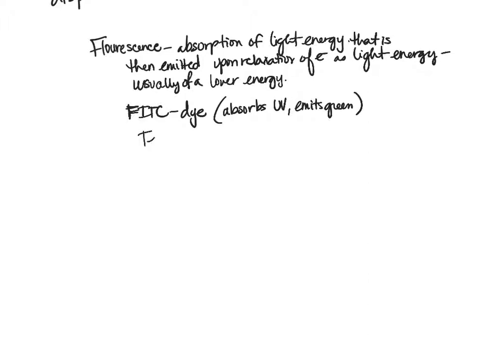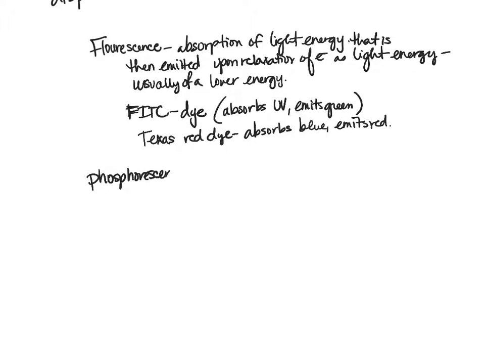There's also the Texas red dye. It absorbs the blue light, and then it emits the red light. So then we can see that. And then the text also mentions phosphorescence. And so this is very similar to fluorescence, where it absorbs the light, and then it's followed by the emission upon the relaxation of electrons.